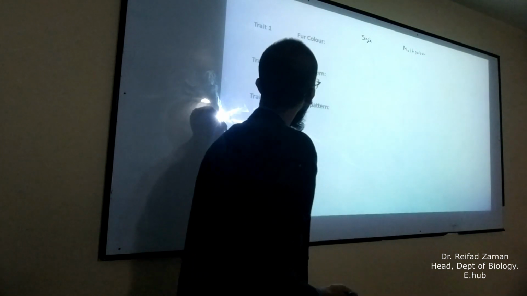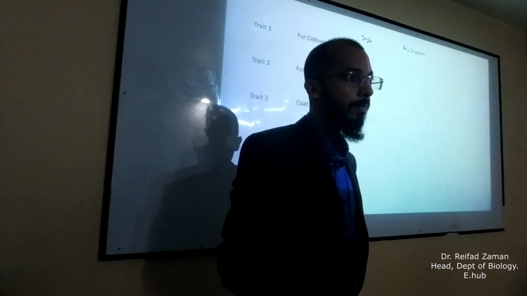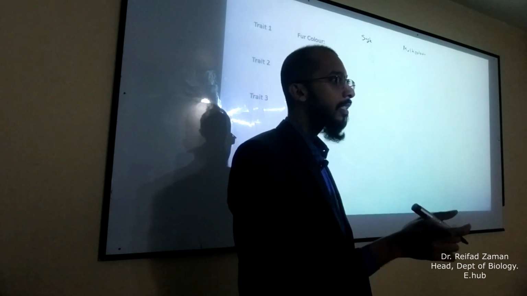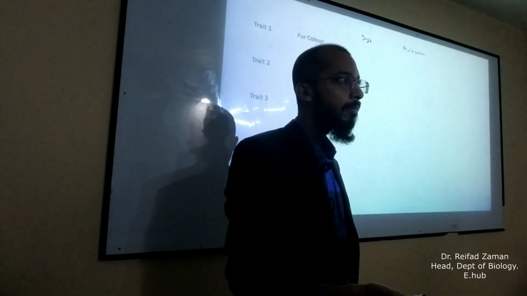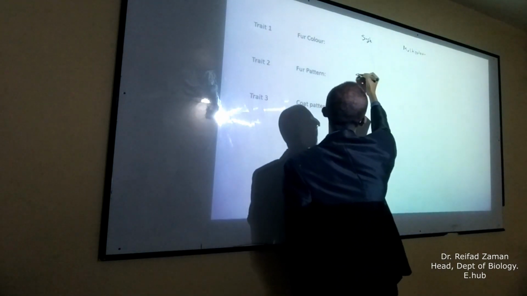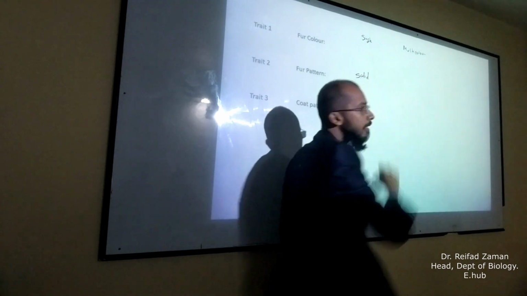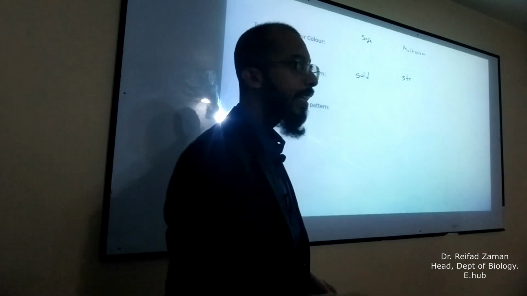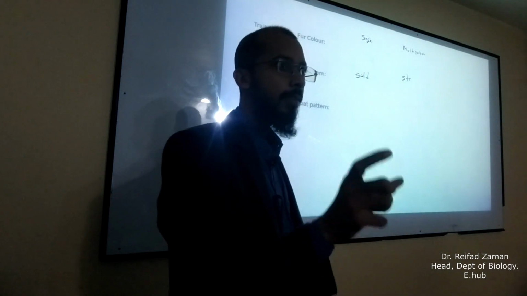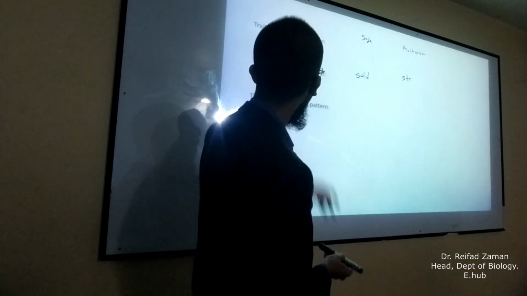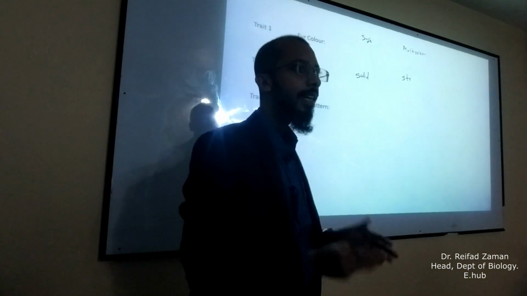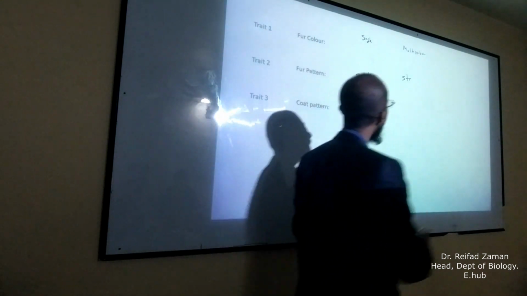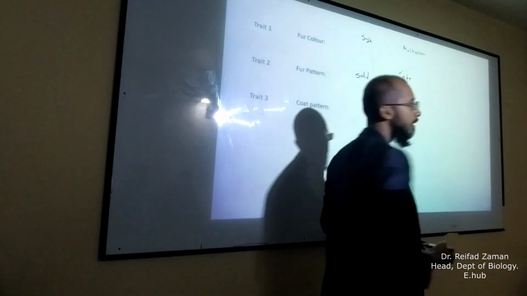Next, let's talk about fur pattern. A cat can have a solid but plain fur pattern, or it can have stripes. Imagine a cat has, for the second trait, fur pattern, inherited an allele which is supposed to produce a striped pattern.